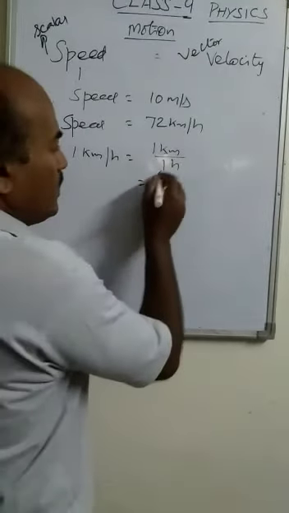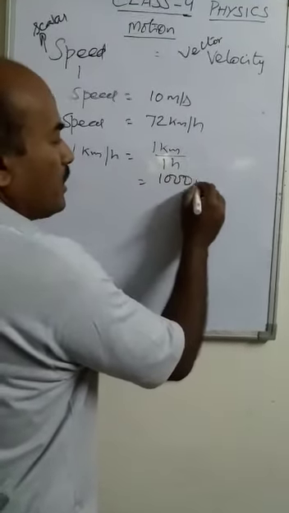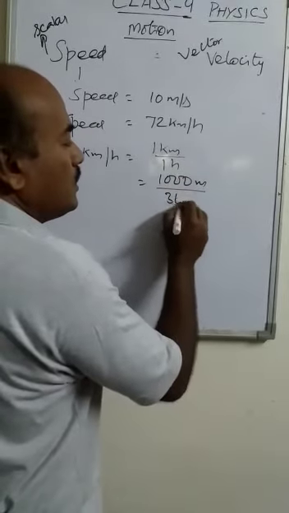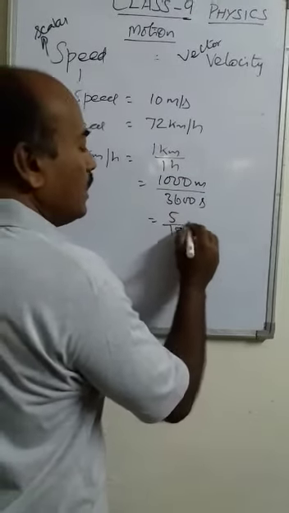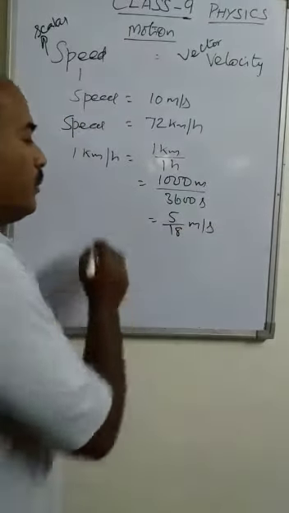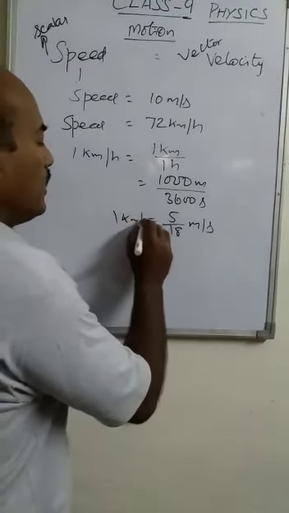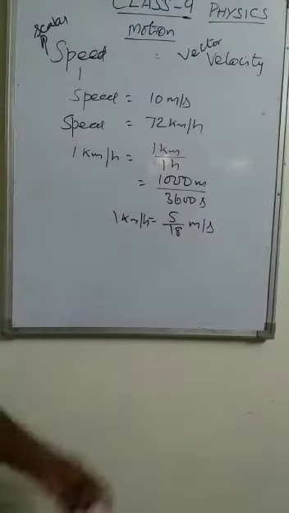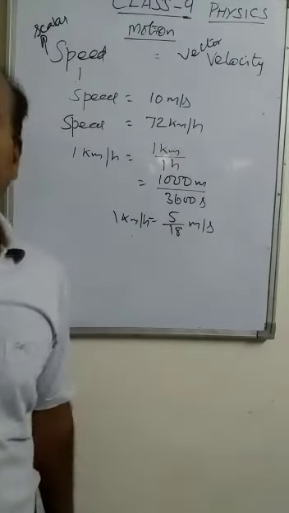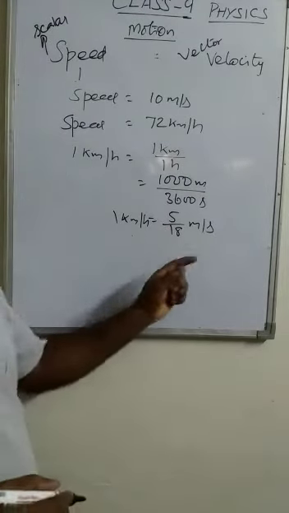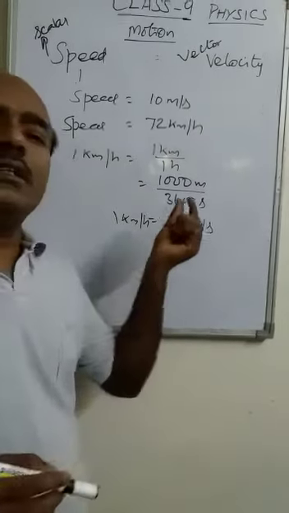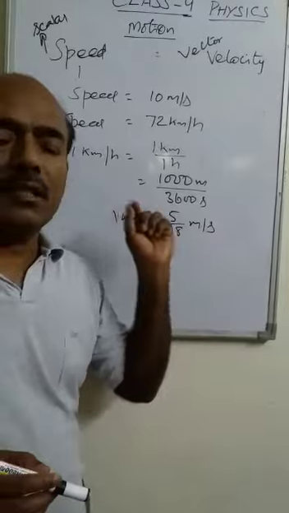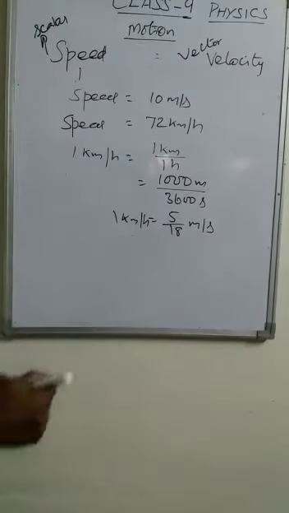If we change this value into SI unit, it is 1000 meter in 3600 seconds. It can be simplified and it becomes 5 upon 18 meter per second. So 1 kilometer per hour is equal to 5 upon 18 meter per second. This is the simple relation that you can remember to change the value from kilometer per hour into meter per second.